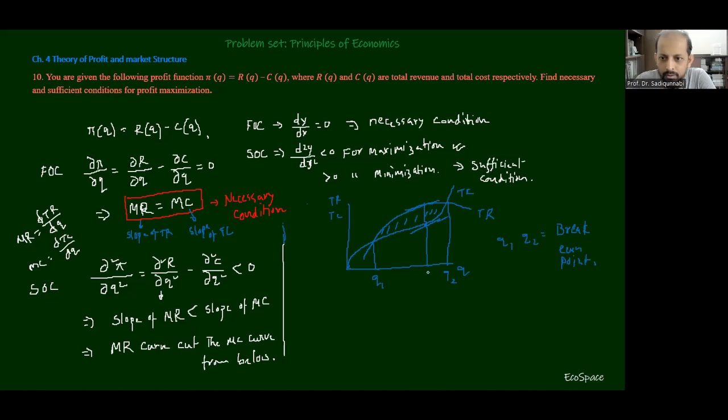So this is actually Q star. All other slopes are not parallel. When you see non-parallel slopes, these slopes are actually MR and MC. But MR and MC equal means they are parallel to each other.